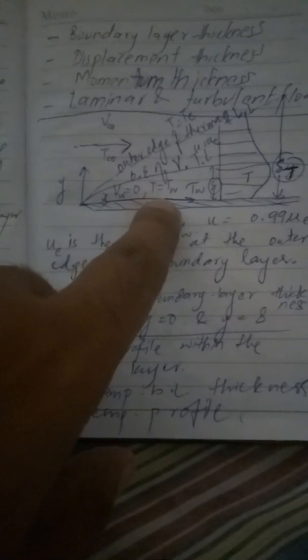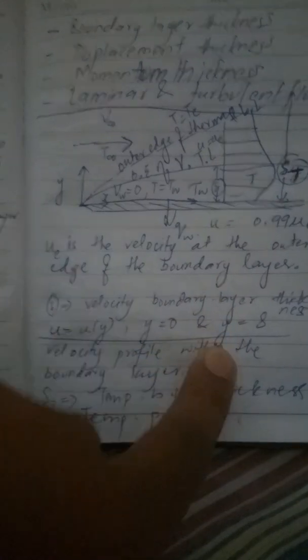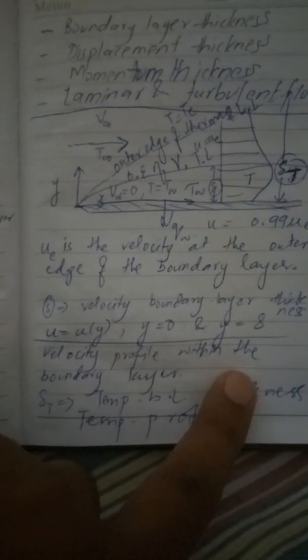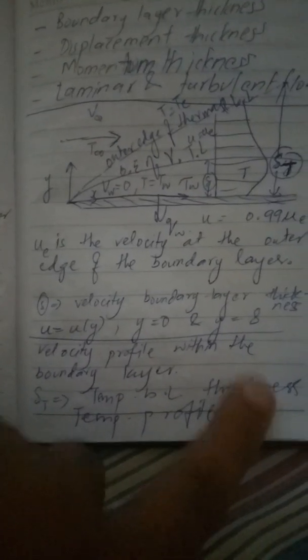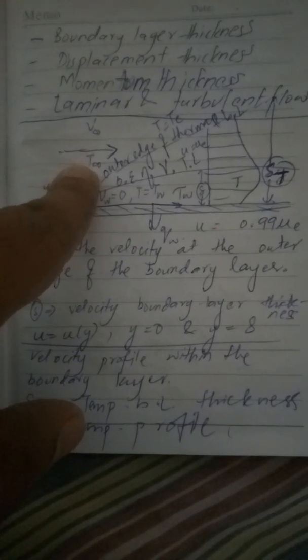So two profiles have been created, the velocity profile and the temperature profile within the boundary layer, normally starting at 0 with TW equal to T. These two profiles, velocity and temperature, are characterized by lambda, lambda T, and UE.